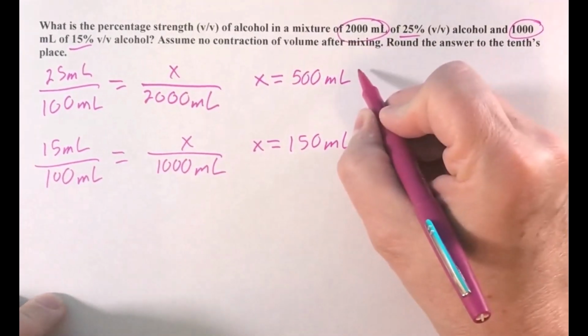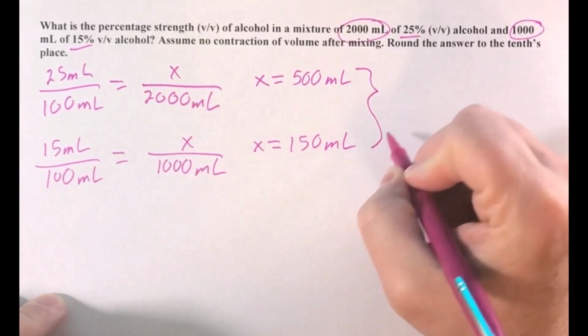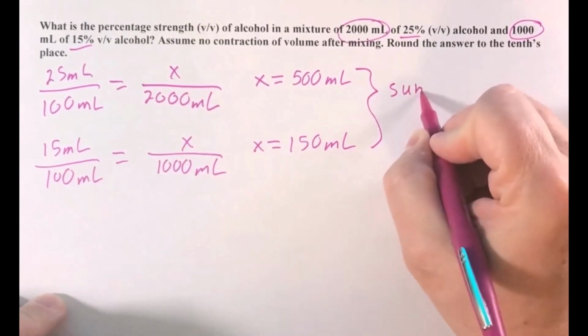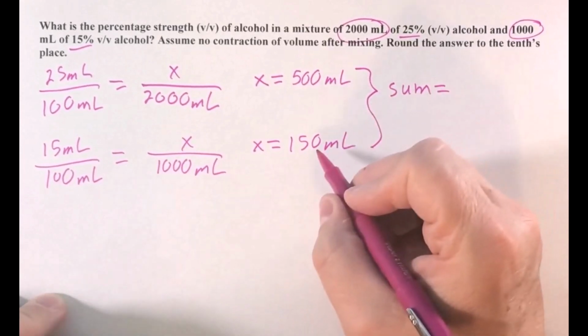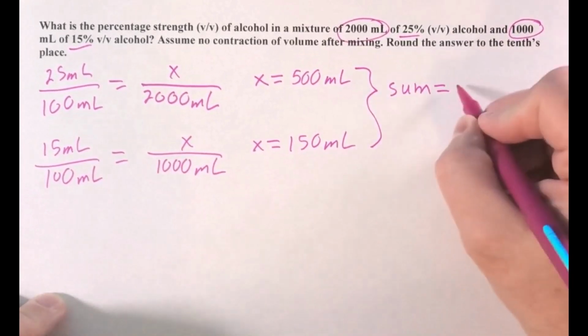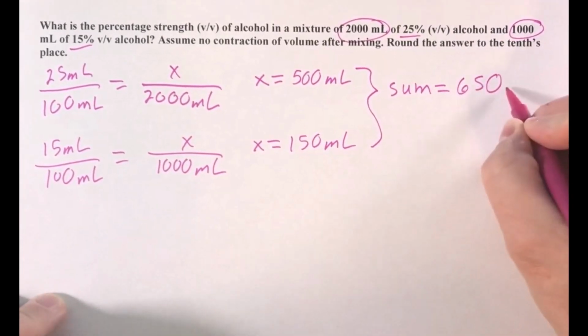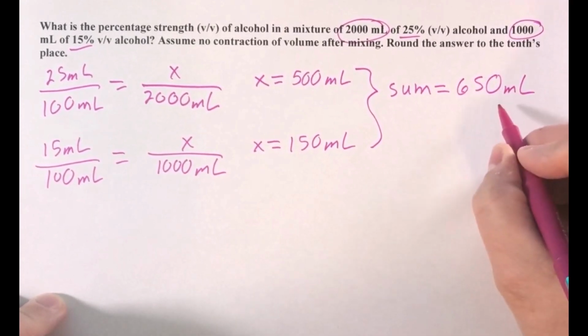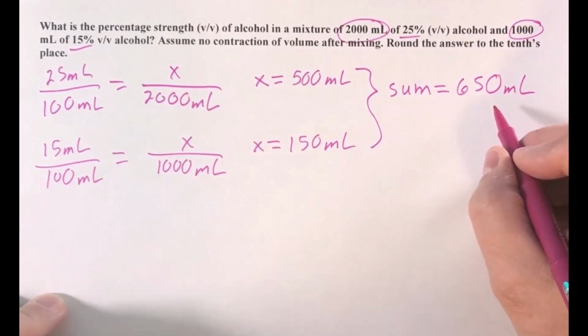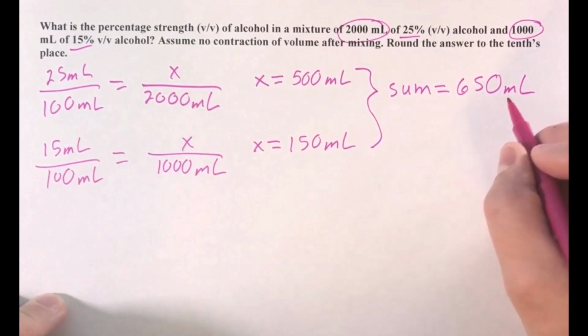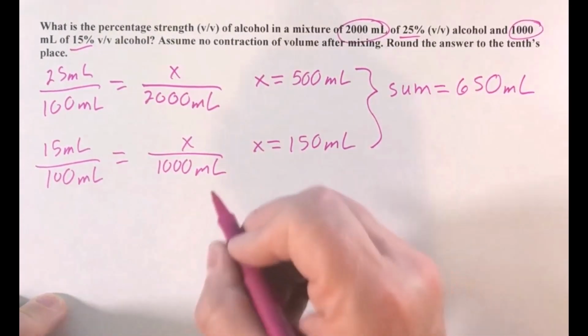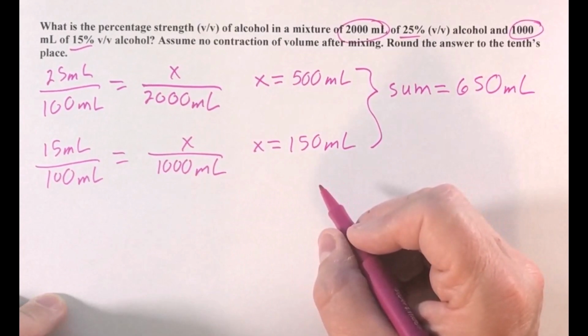Okay, so now it'll be helpful if we can add these together. We'll find the sum. 500 plus 150 milliliters will end up with 650 milliliters. That's 650 milliliters of alcohol that we will have in the final mixture. But then what's the total quantity of the mixture going to be?